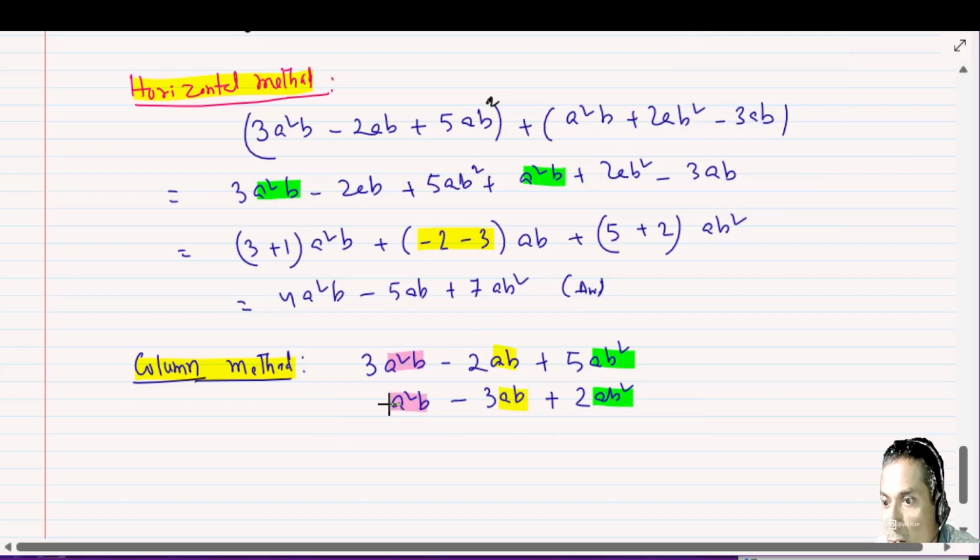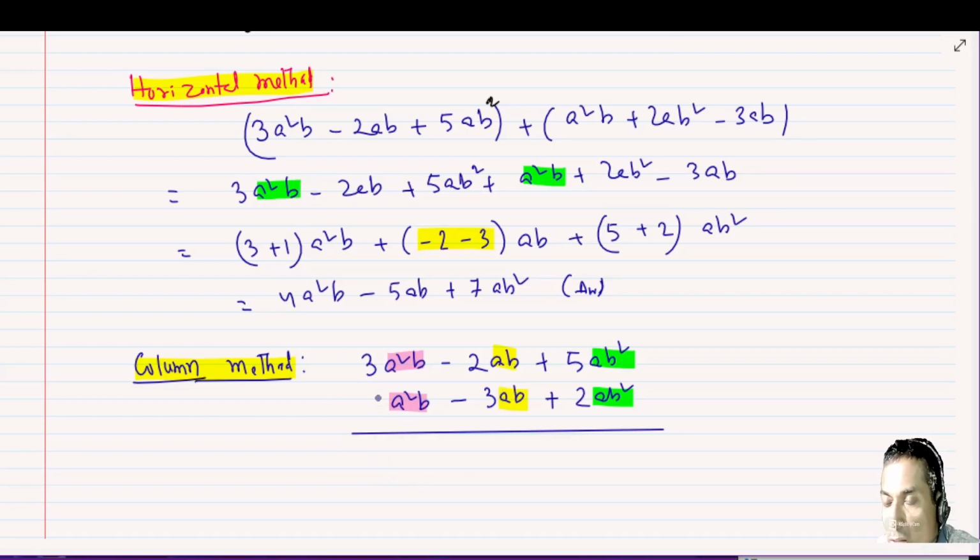So what will the value be? 3 plus 1 is 4, 4a square b, and minus 2 minus 3 is minus 5ab, and that is 7ab square. You got the same answer. Clear? This answer and this answer are the same.